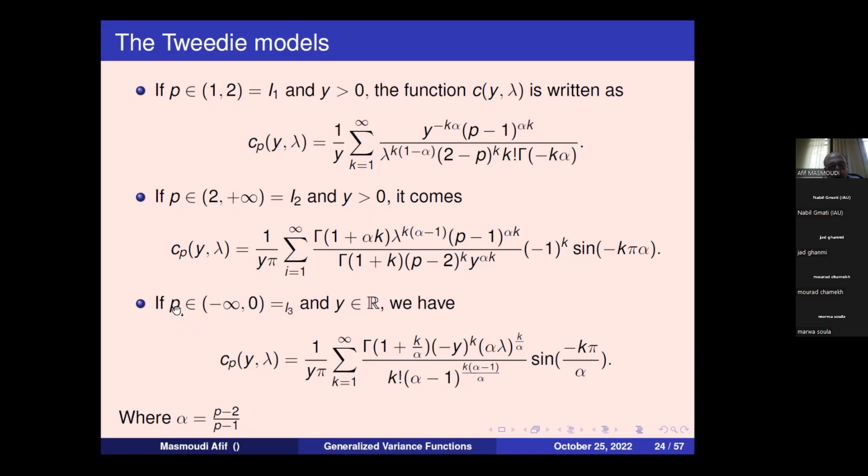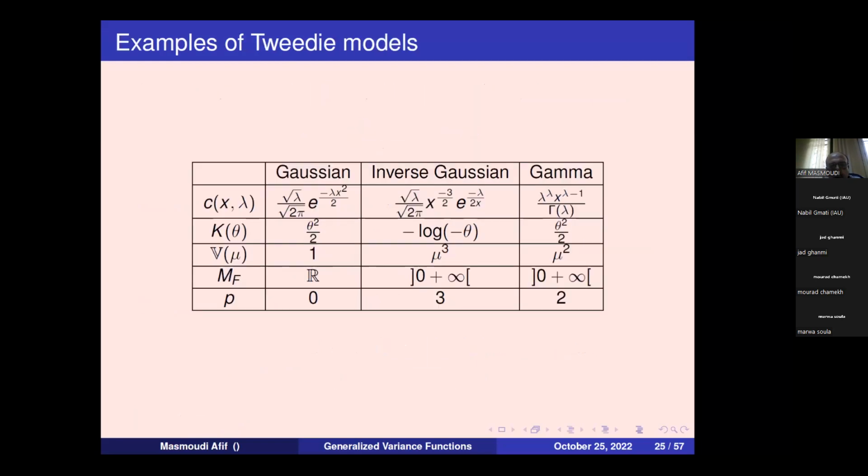The third class, when p is negative, then we obtain the natural exponential family generated by the stable distribution with index alpha, where alpha belongs to (1, 2). There are some examples.